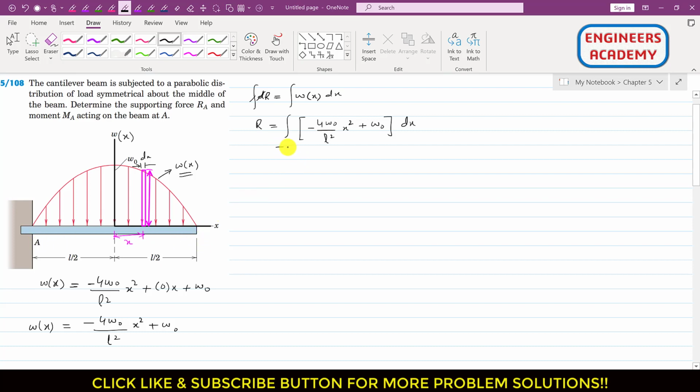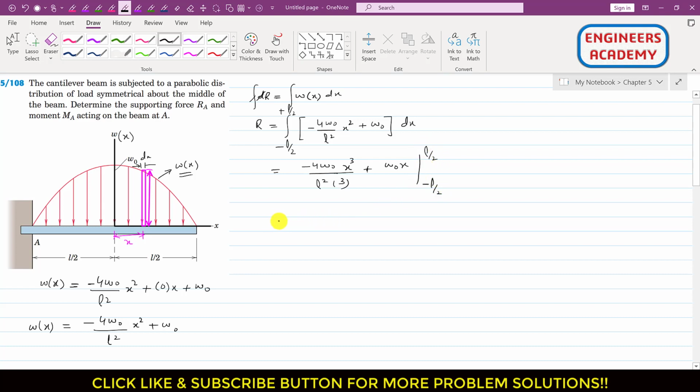So now if we integrate this, we will get minus 4 omega naught divided by l square, and this will become x cube divided by 3, and this will become omega naught x, and this is from minus l divided by 2 to l divided by 2.